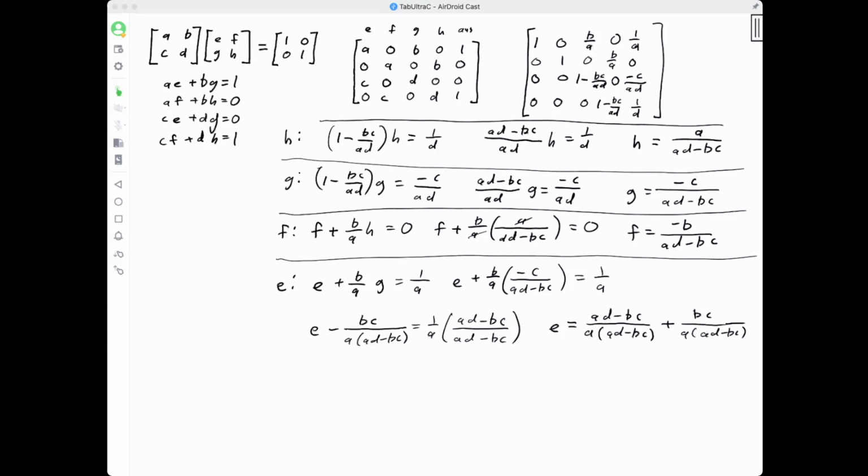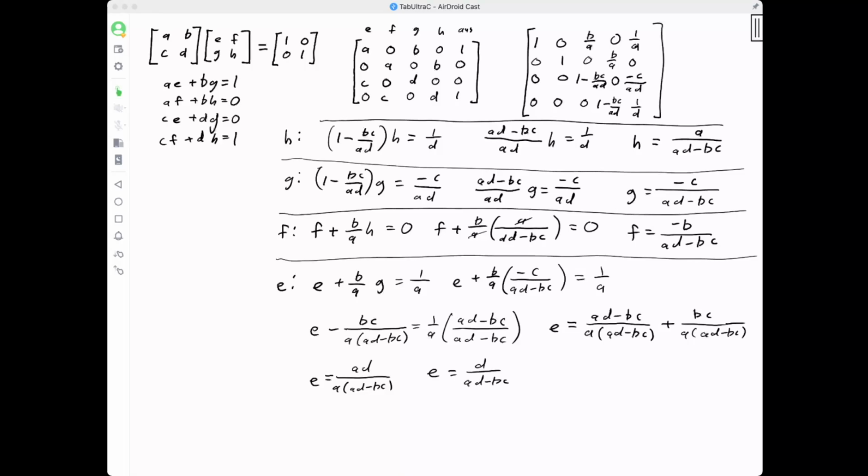Now I have common denominators, so I can add the fractions together to get E is equal to AD minus BC plus BC, which is just AD, over A times AD minus BC. And my A's cancel, so I get E is equal to D over AD minus BC.